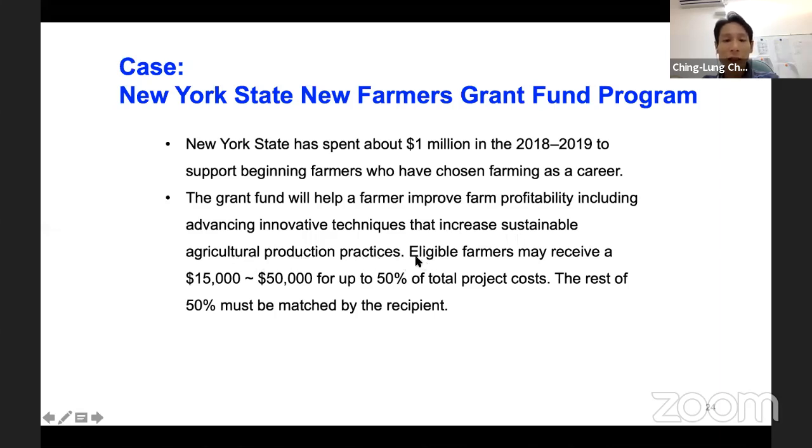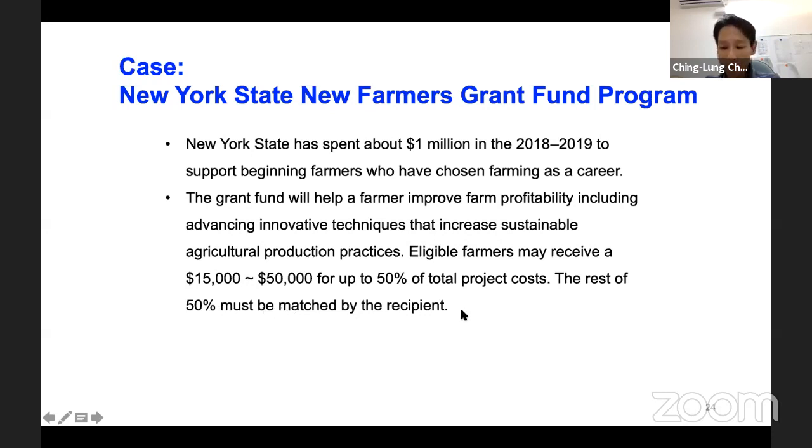So eligible farmers may receive 15,000 to 50,000 for up to 50% of total project cost. The rest of the 50% must be matched by the recipients.